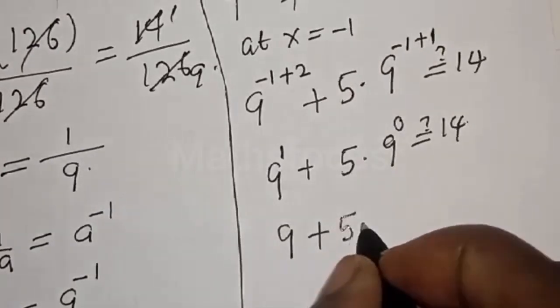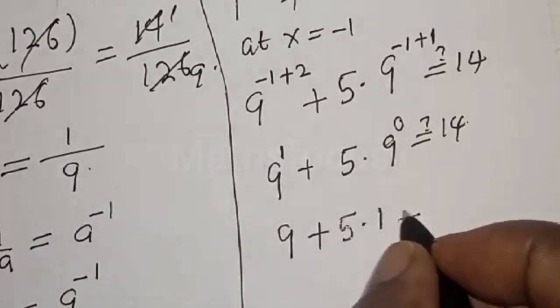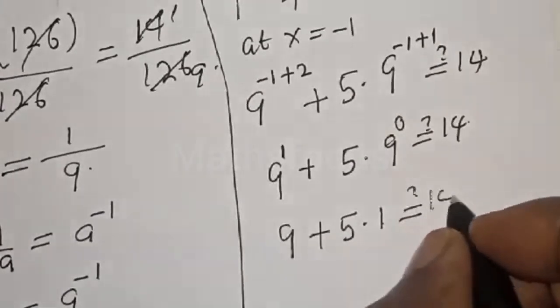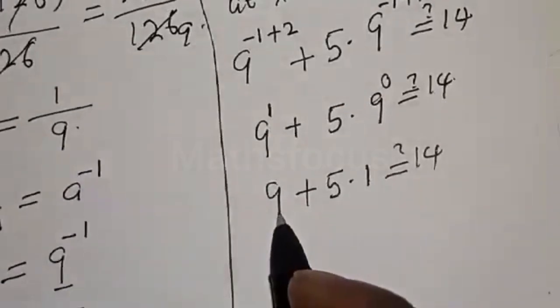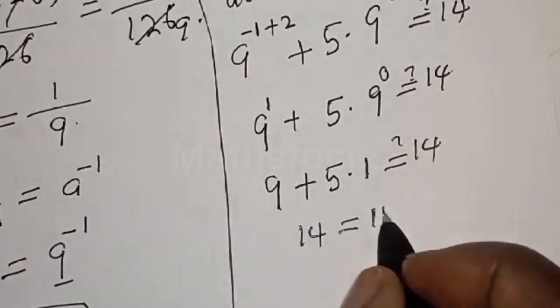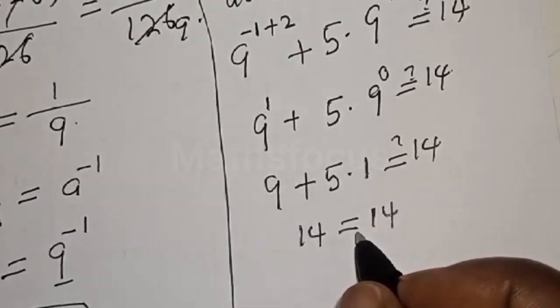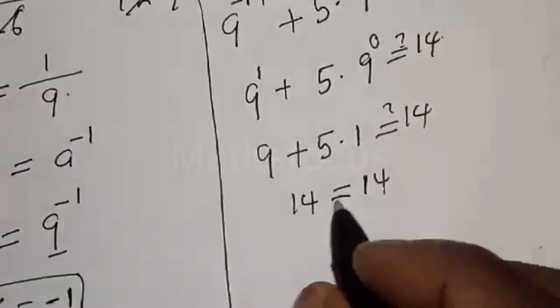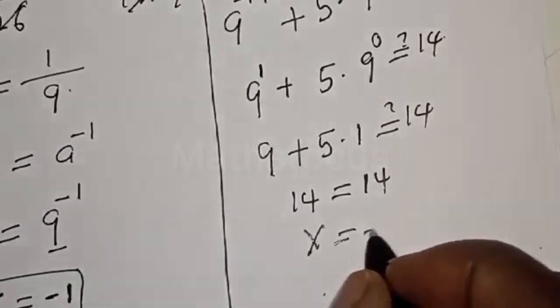We have 5 times 1. Then here is 9 plus 5, that is 14, which is equal to 14, meaning that the left hand side is equal to the right hand side, which satisfies the given equation at s is equal to minus 1.